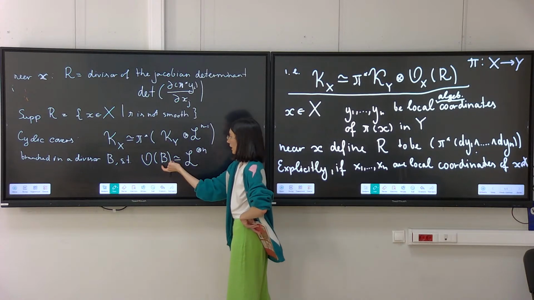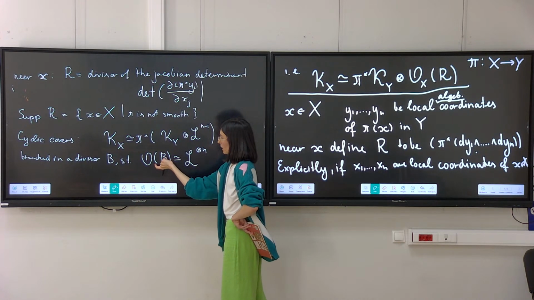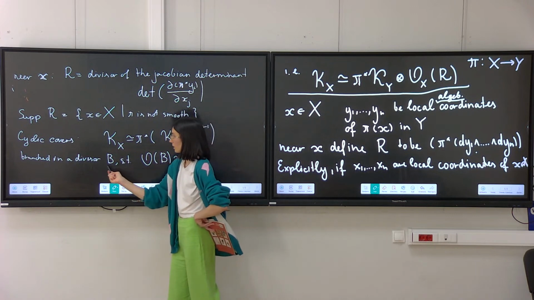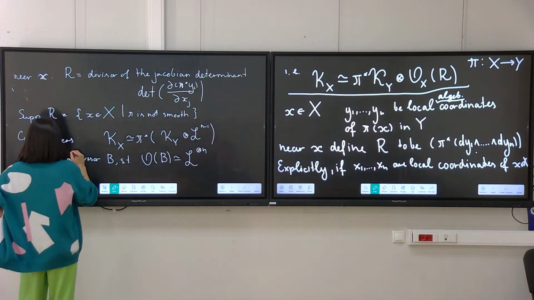So this is an n-th root of the line bundle that is given by an effective divisor.